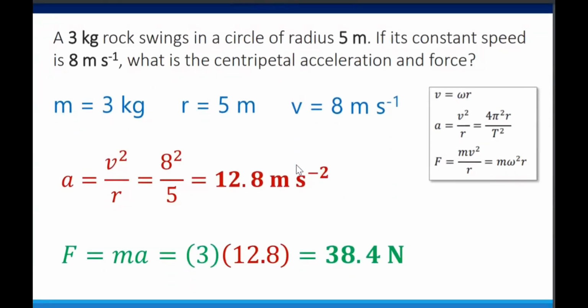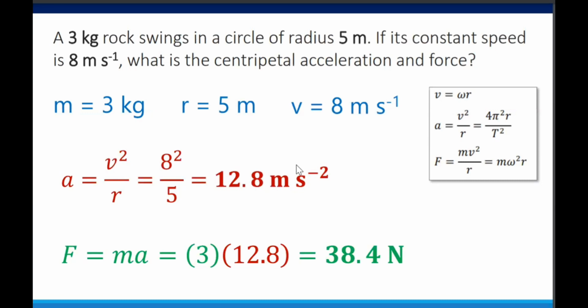Here is a use of the formula. If a 3 kilogram rock swings in a circle of radius 5 meters, and its constant velocity is 8 meters per second, what's the centripetal acceleration and its force? We're given the linear speed, the radius, and the mass. To find the centripetal acceleration, it's v squared over r. So it's 8 squared over the radius of 5, which gives 12.8 meters per second squared.